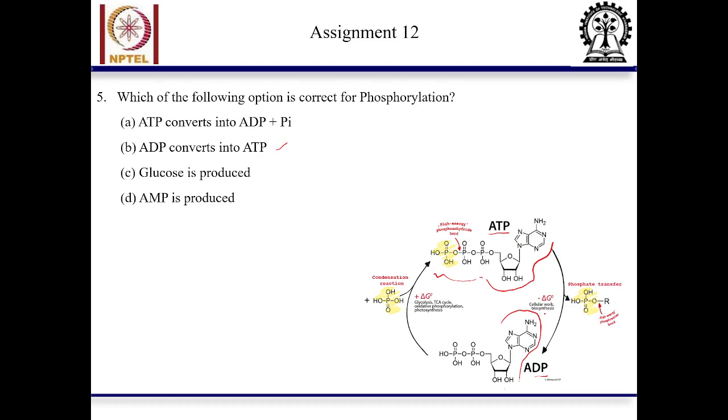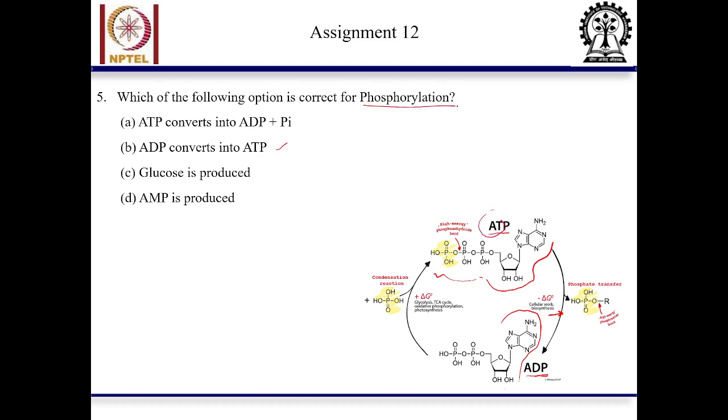So whatever energy we use comes basically from the ATP to ADP conversion. This is called hydrolysis of the phosphate group. So what is phosphorylation? Phosphorylation is the attachment of one phosphate group to the ADP.